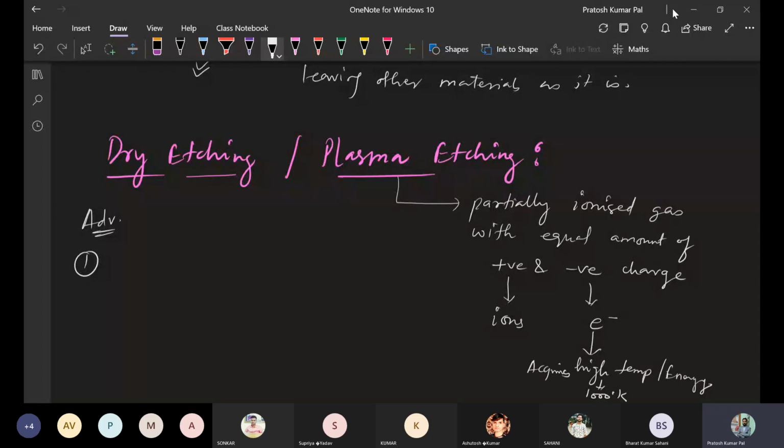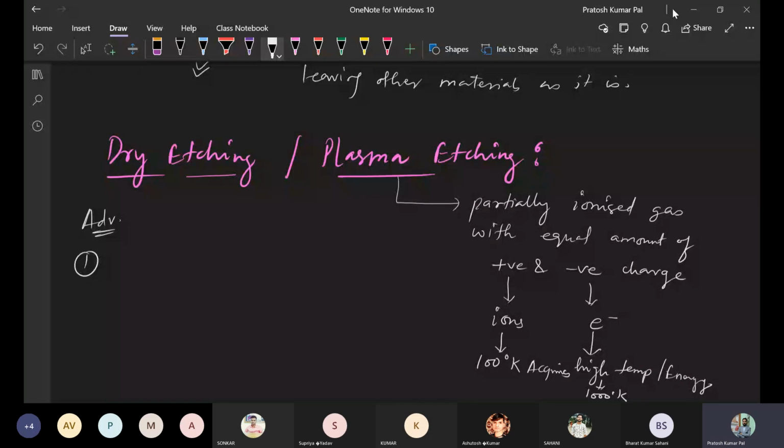But in case of ions, the ions are heavier in mass, so they have less energy and also less temperature. The temperature is around 100 degree Kelvin in case of ions. So ions can heat up to 100 degree Kelvin, but the electrons can have around 1000 degree Kelvin of temperature. So this is the plasma that we will be using in dry etching.